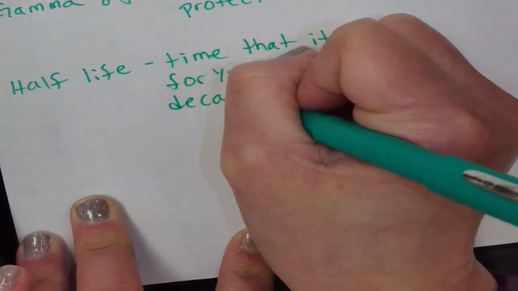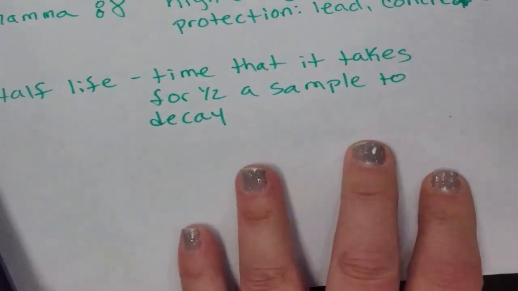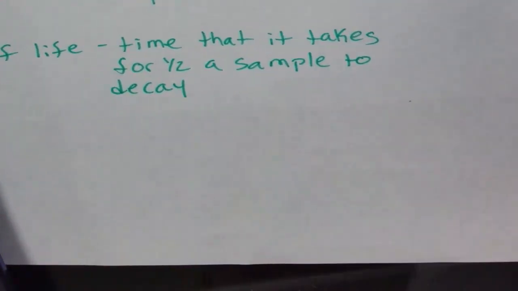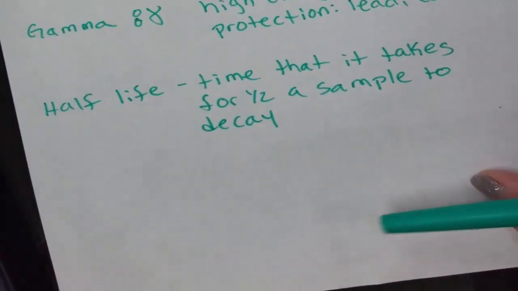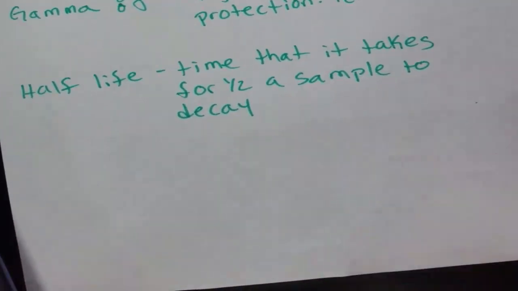It is important when we talk about half-life that we remember decay is a continuous process. We simply are measuring our decay at the half points when half the sample decays. So decay is continuous. It's not like poof and half of the sample magically disappears, and poof, half of the sample magically disappears. It's a continuous process.